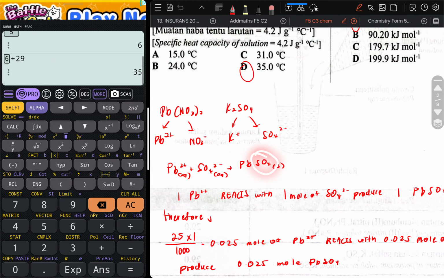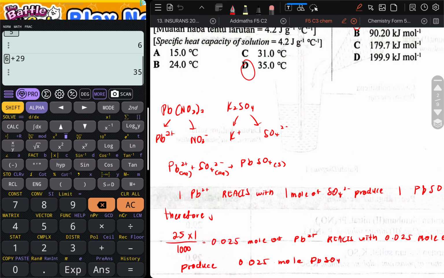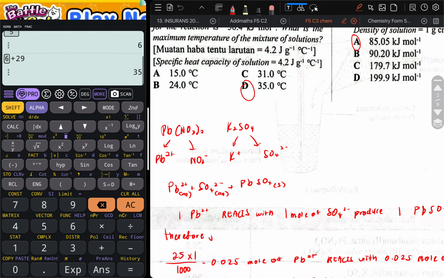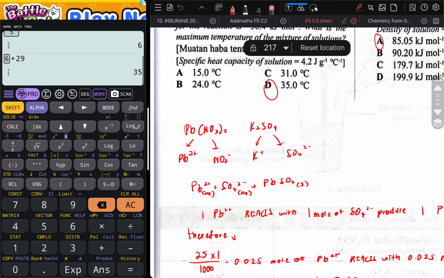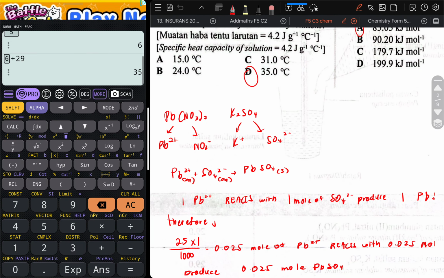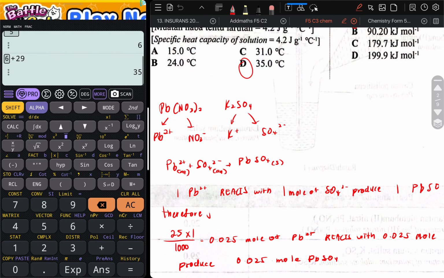This one is in your chapter 6 form 4, so you can look at the properties again. For sulfate salts, all are soluble except for lead, and a couple more things, if I recall correctly. So you can verify it in your textbook and tell me whether I'm correct or not.